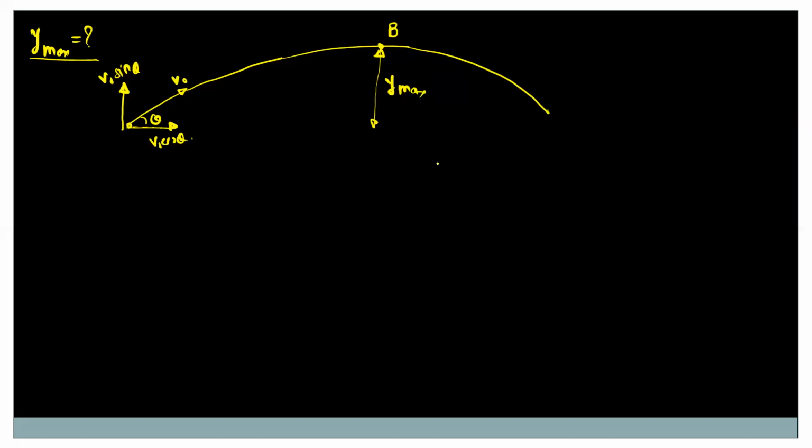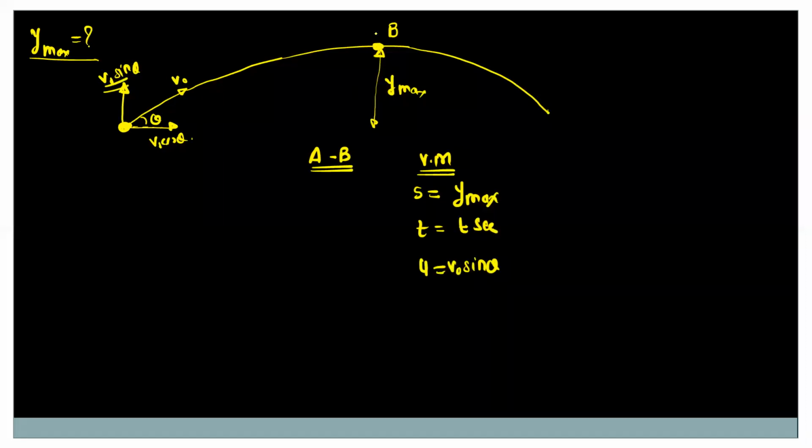So if you consider the vertical motion from point A to B, to travel from A to B, the displacement is equal to y max. Then time taken is equal to t seconds. Then the initial velocity is equal to v naught sine theta.